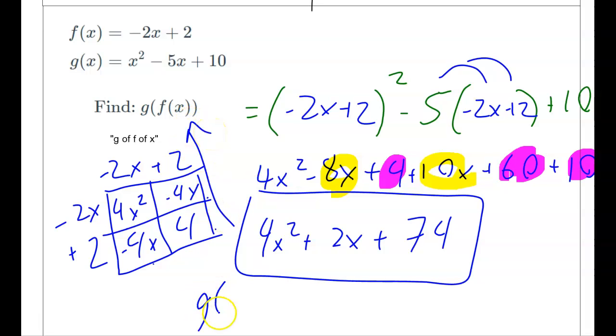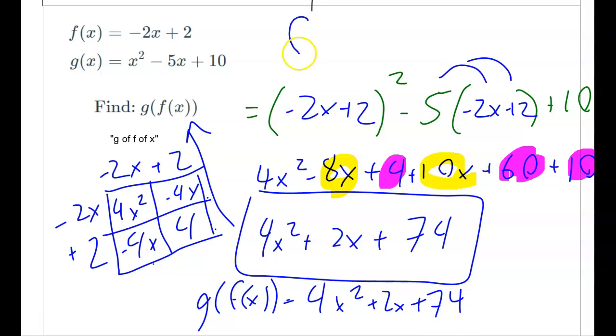So I could say g of f of x, the composition of the two, is equal to 4x squared plus 2x plus 74. And notice the order matters. If I had f of g of x, I would plug g into f, and it would actually be quite a bit easier because there's no squared term that I have to deal with.